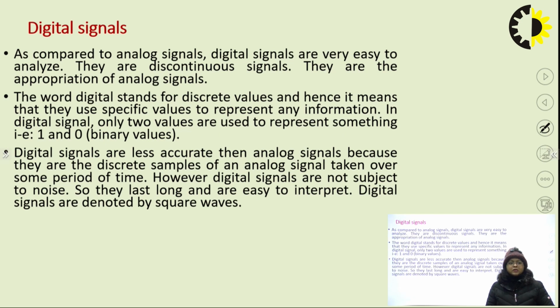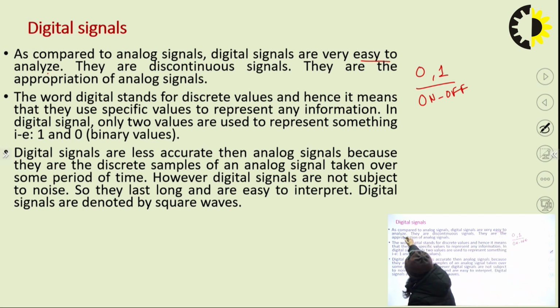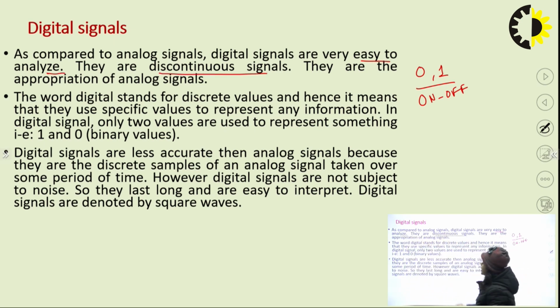Compared to analog signals, digital signals have only two voltage levels, that is 0 and 1. These types of signals are also called on-off signaling. So, digital signals are easy to analyze, but these are discontinuous in time as well as amplitude.